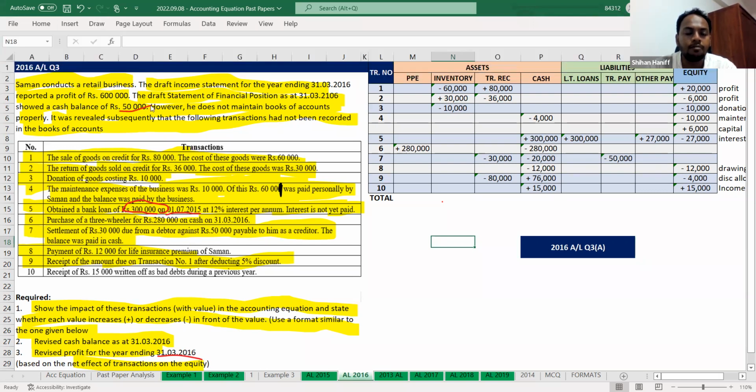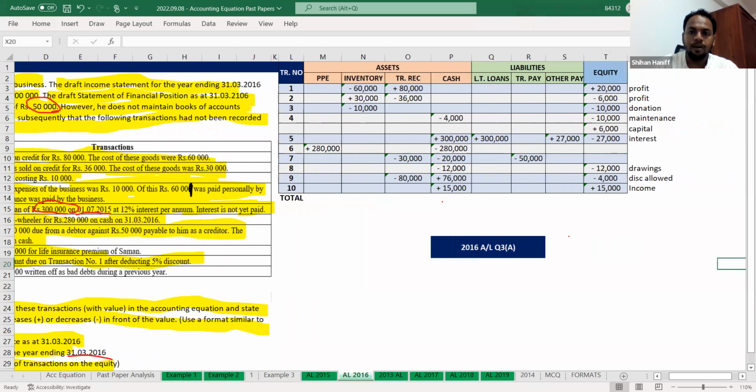The cash balance they have calculated is 50,000. That is before the transactions. Now we're asking the revised cash balance. Can you all do that? Revised cash balance.